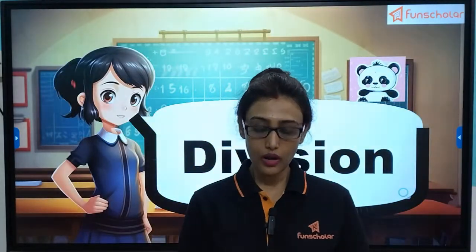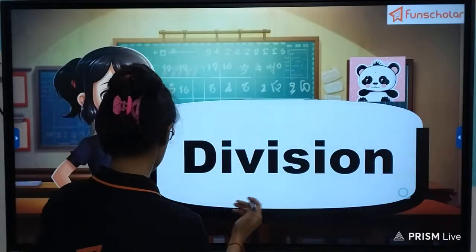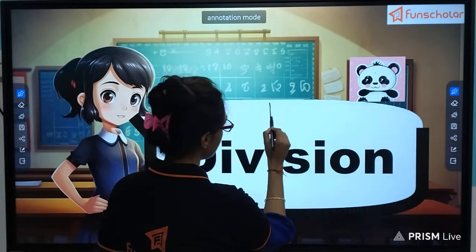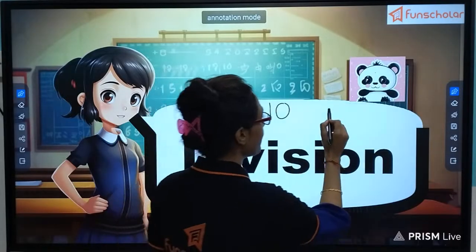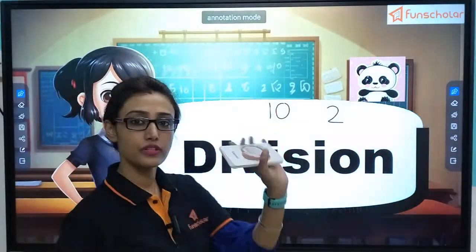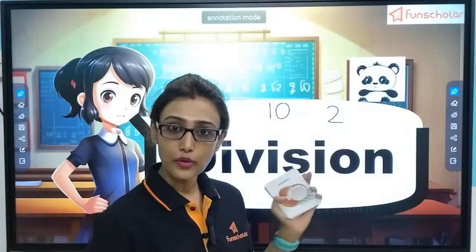Okay, so how will you divide? You have 10 cards and you have two friends, and you are being asked to divide the cards so that each of them gets equal cards.